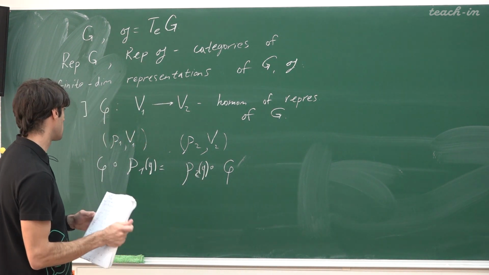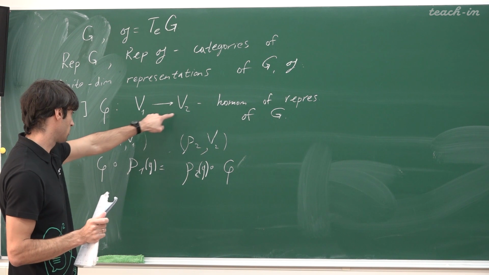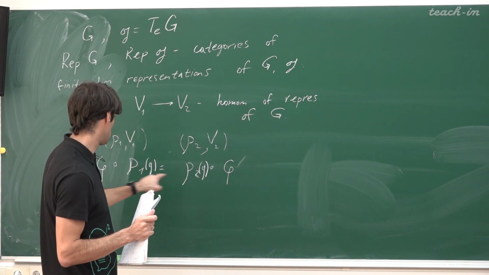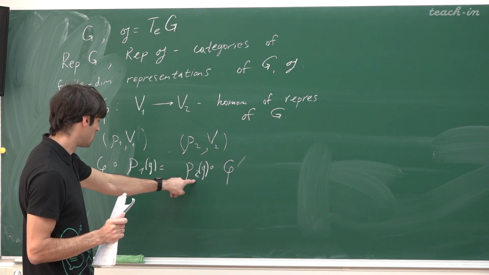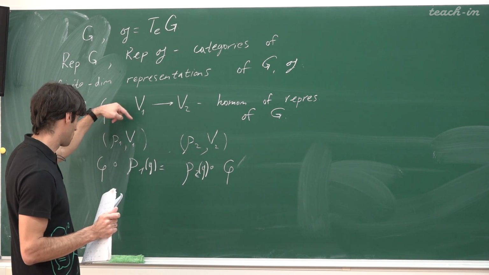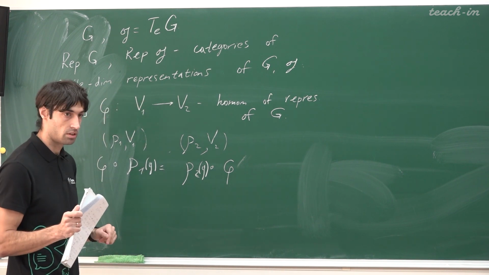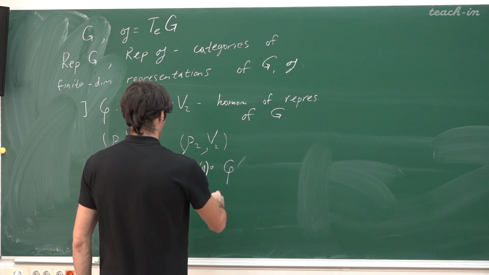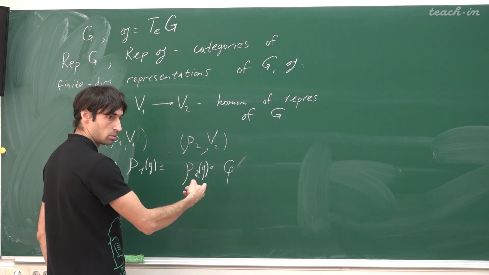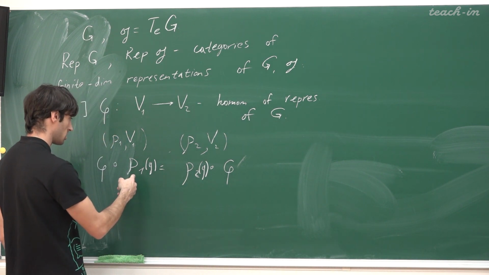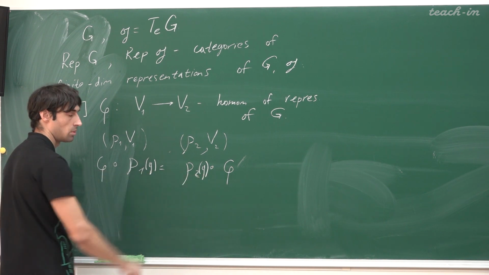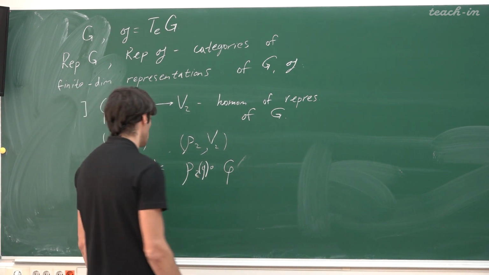So phi is a linear map from V1 to V2, and for each g, rho 1 or rho 2 are linear maps on V1 or V2 respectively. So it all makes sense. Phi sends V1 to V2. This is some transformation on V2, and this is a transformation on V1, and then it goes to V2.